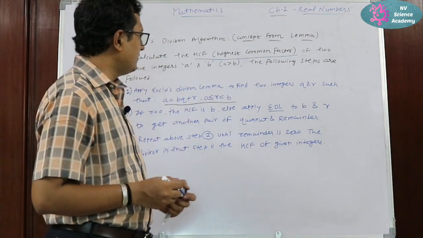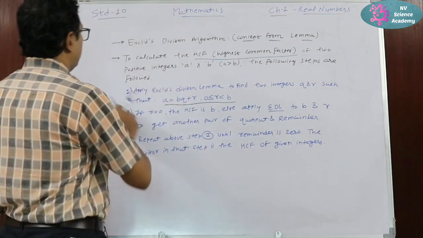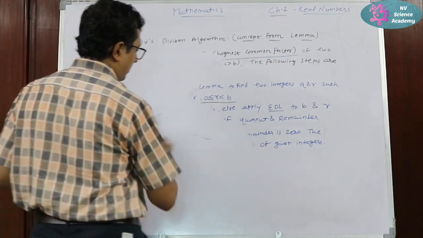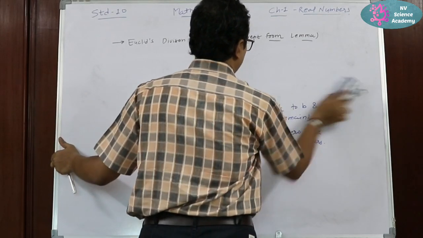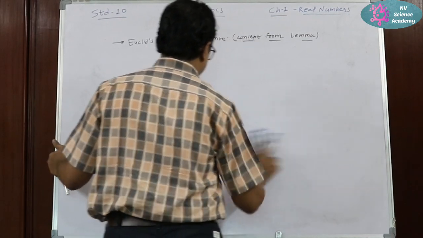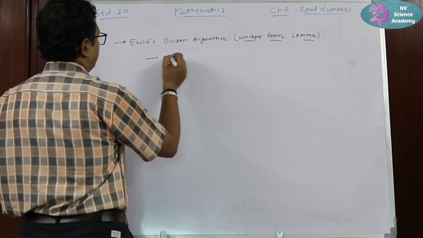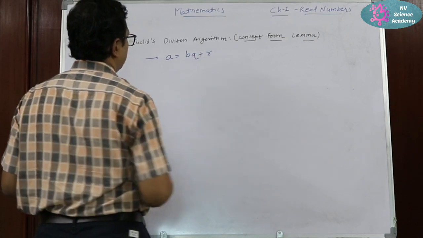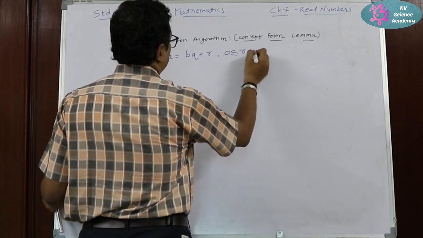Now we are going to see one example for this Euclid's division algorithm, and then we will solve question number 1 of exercise 1. First we will write down the equation a is equal to bq plus r, where 0 is less than or equal to r less than b.